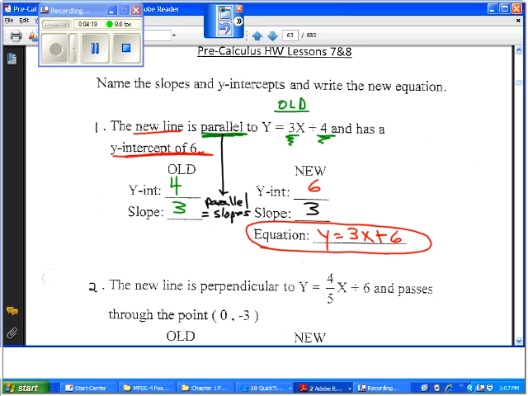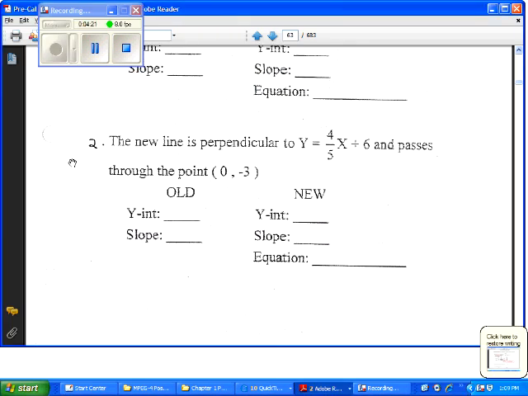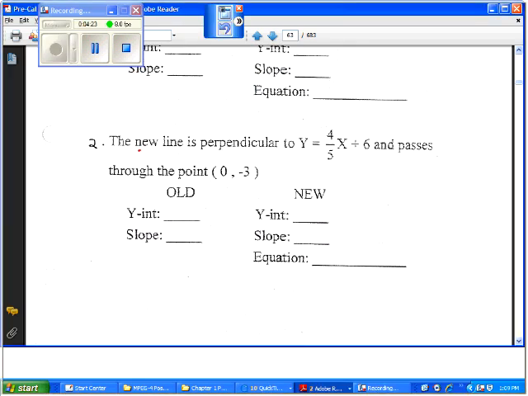Number 2. Number 2, it says the new line. So again, we're trying to write an equation for the new line. That's our job here. Which means we need the new line's y-intercept and we need the new line's slope. And we're going to use the old line's information and the idea of parallel and perpendicular to come up with the new stuff.